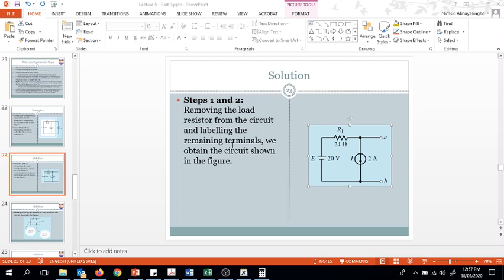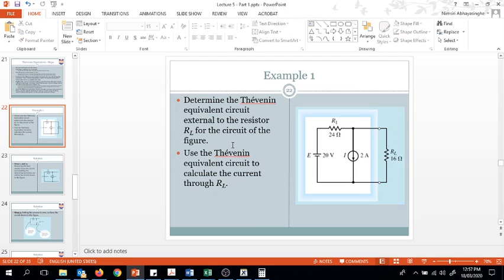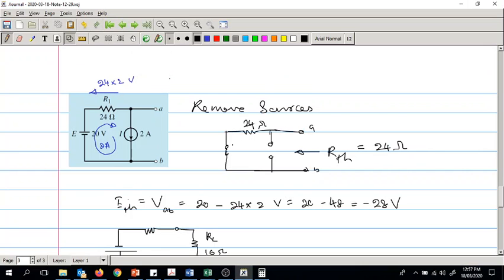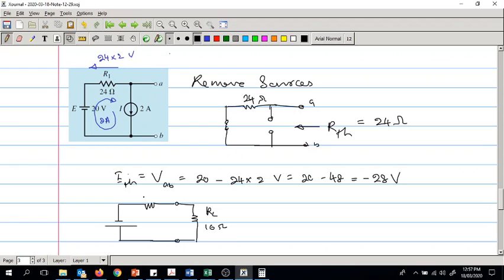The RL is 16 ohms, and we have 24 ohms here, which is RTH, sorry, RTH is 24 ohms, and ETH is 28 volts, and I have got rid of the minus now because I have placed the voltage in the appropriate direction.